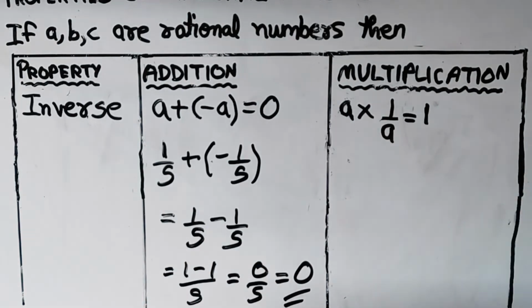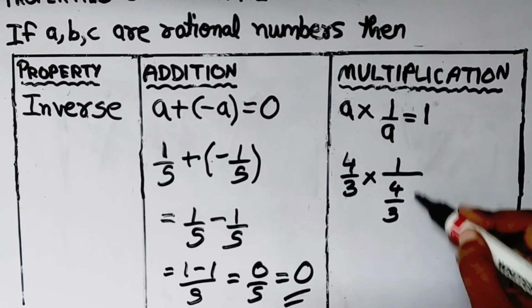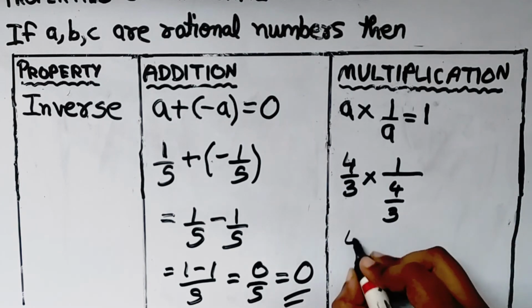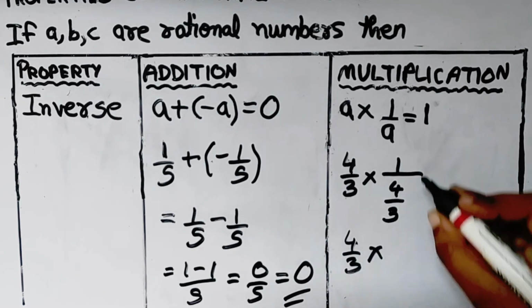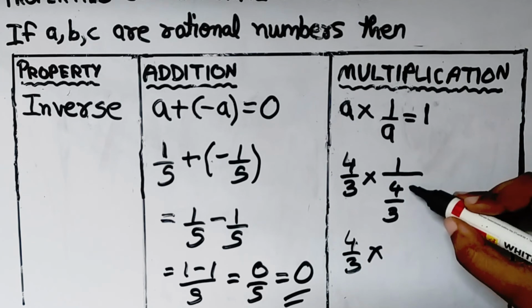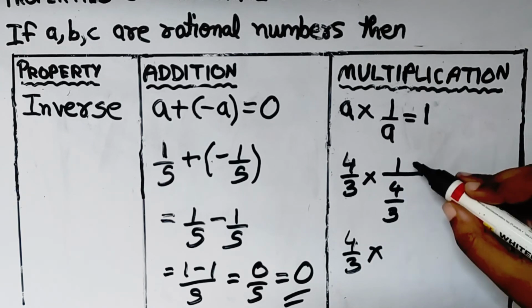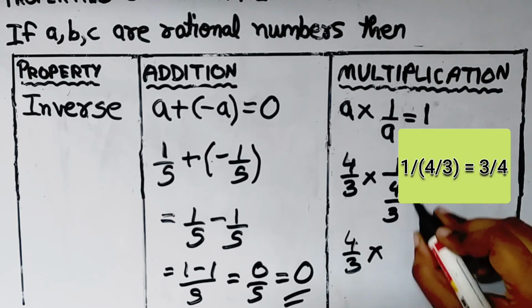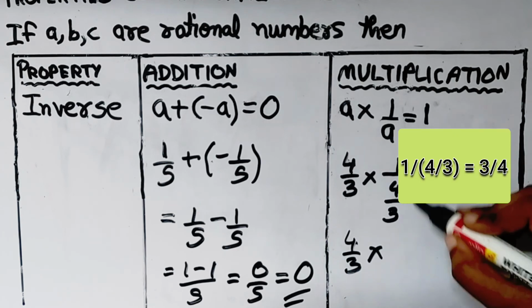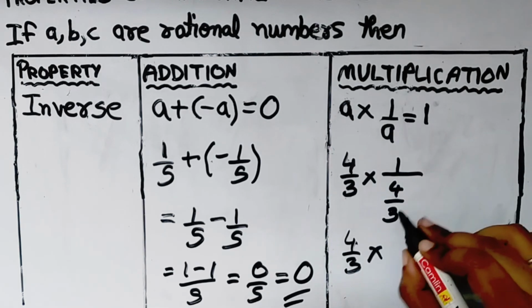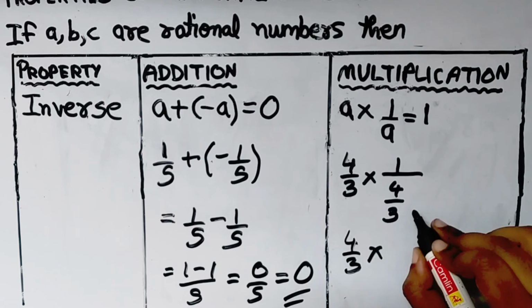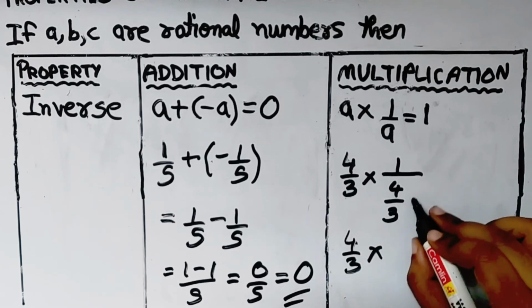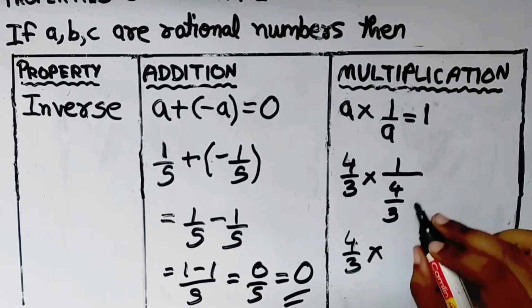And here for multiplication, 4 upon 3 into 1 upon 4 upon 3. It is the reciprocal, right? 1 upon 4 upon 3 is equal to 3 upon 4. We have already seen this in the previous video when I explained multiplication of fractions and reciprocal.